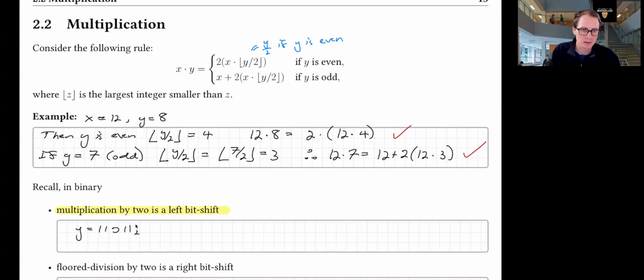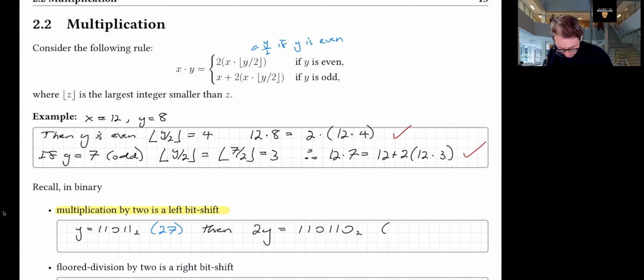I'm writing this little subscript 2 to denote that it's a binary number. In decimal, this is 27. Then 2y is just equal to 1, 1, 0, 1, 1, 0, which is 54. So I just added a 0 at the end.